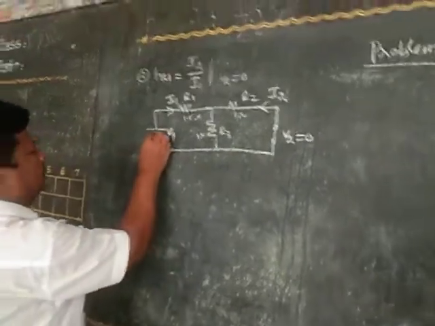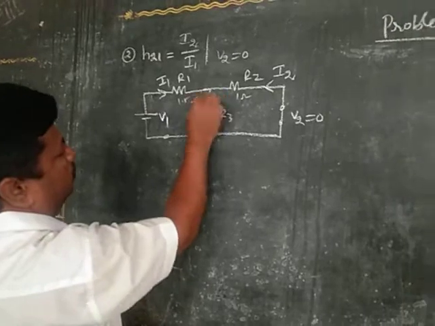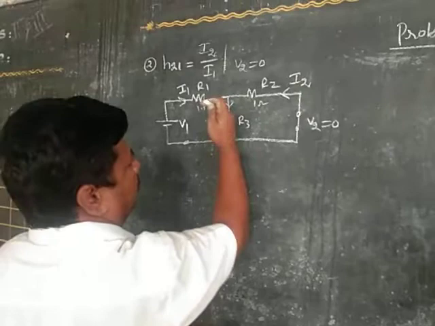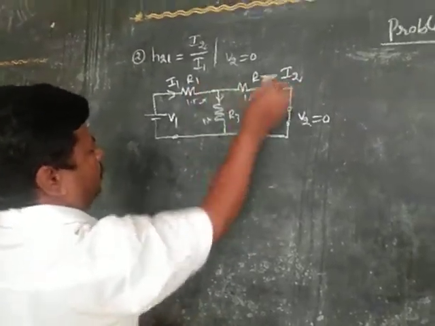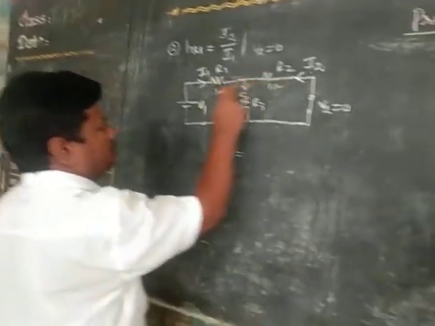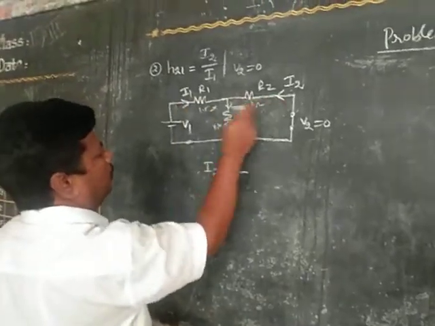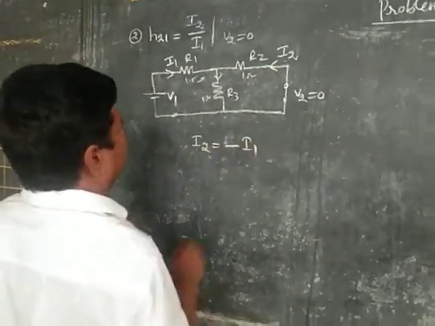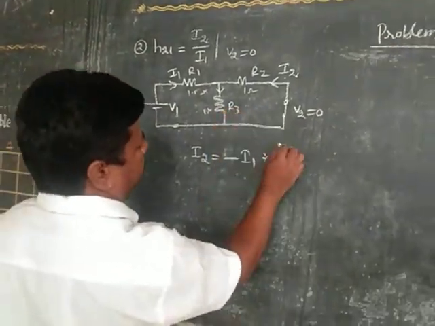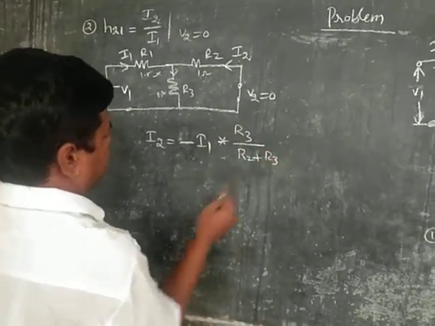Observe here, in this circuit only one is the source, V1 is the source. So all current flows left to right. But here I2 is from right to left. I2, I1 are the opposite. Now apply current divider rule. Current divider rule is equal to total current. Here minus, both are opposite. Minus I1 current into opposite resistor R3 by total resistor R2 plus R3.